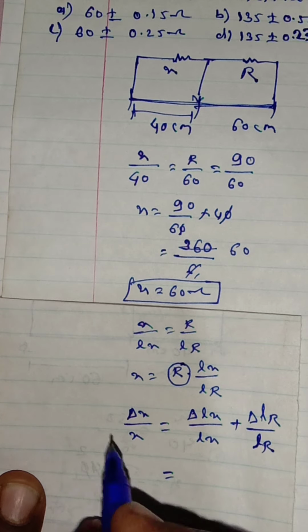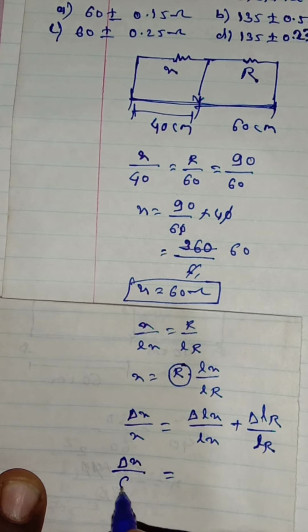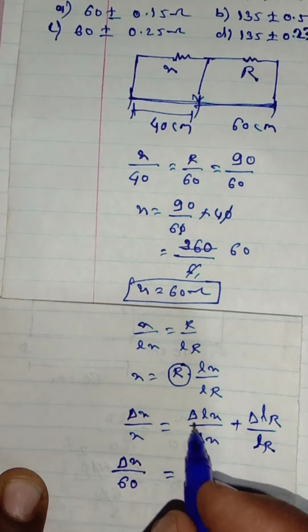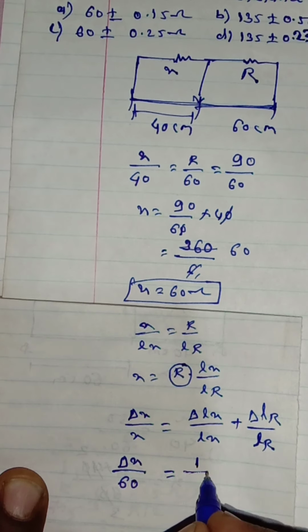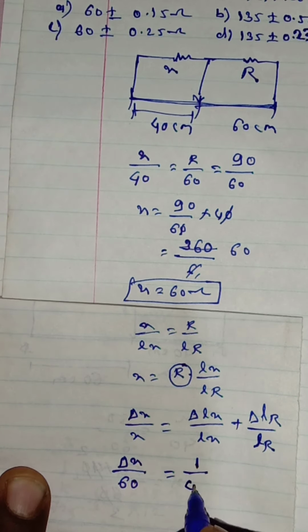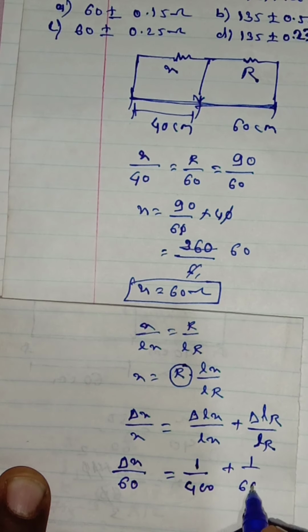That is, I can write here delta x divided by 60. Okay, the value of x is 60. Delta Lx is 1 and Lx is 40 centimeter. Then converting 40 centimeter into mm, we can write here 1 divided by 400 plus 1 divided by 600.